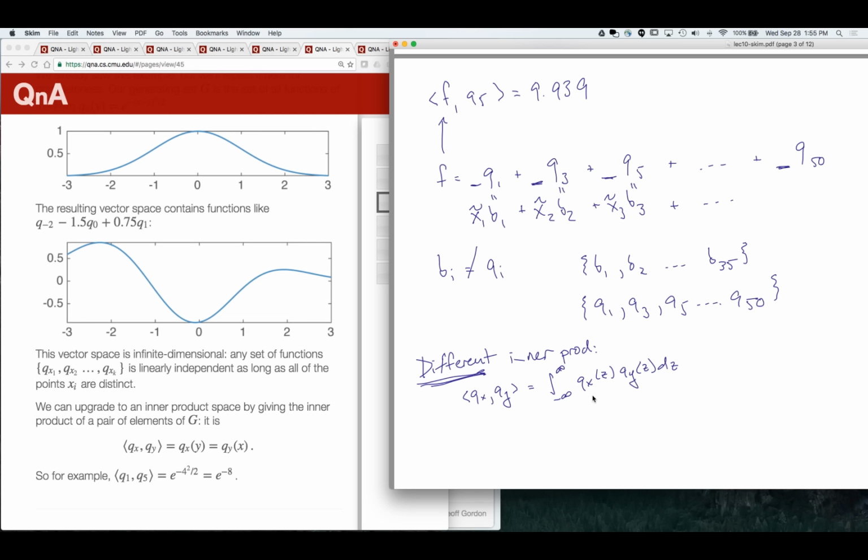Without an inner product, there would be no notion of closeness in the vector space. And so a third reason is that it lets us do some interesting stuff, like, for example, define machine learning algorithms that use this vector space as a data structure.